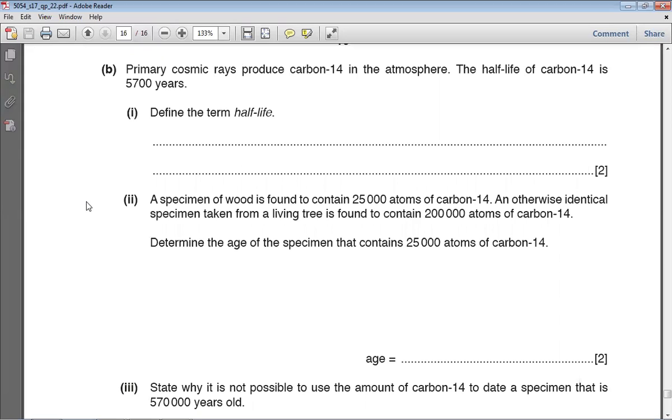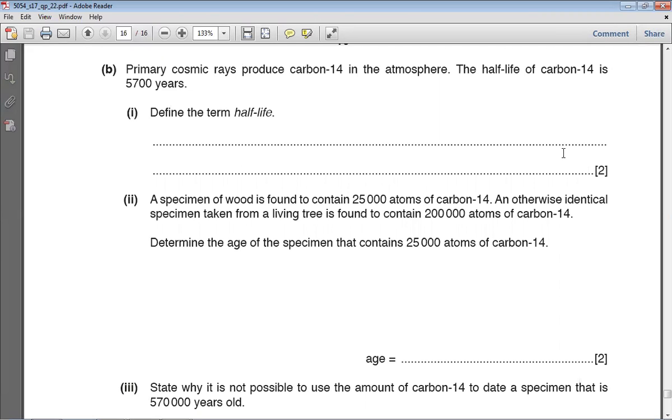Half-life is the time period in which the activity rate of a radioactive sample will become half, or you can say it's the average time duration in which half of the atoms of a radioactive sample will decay.